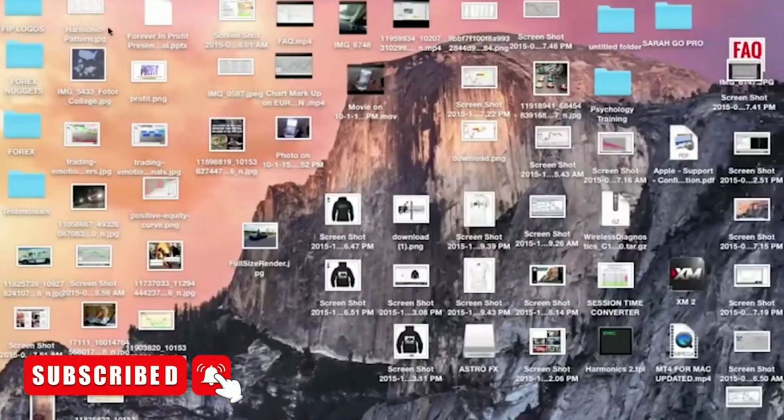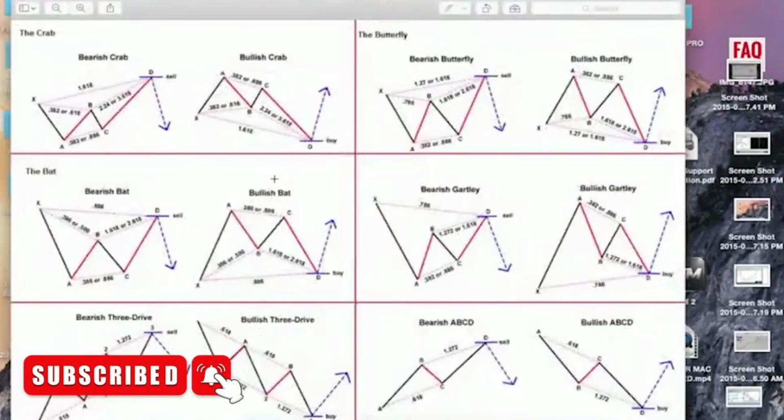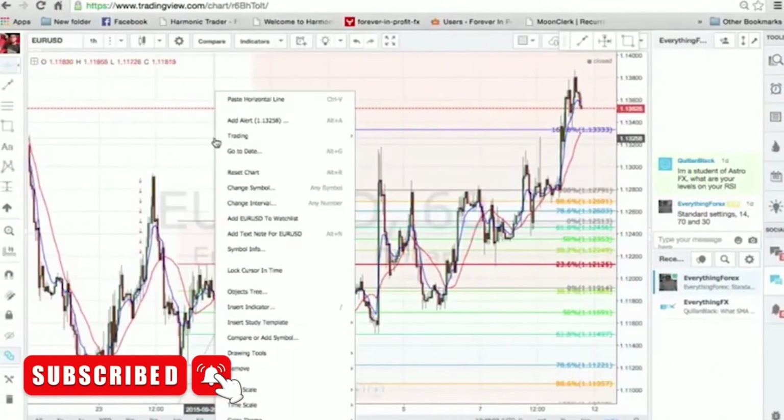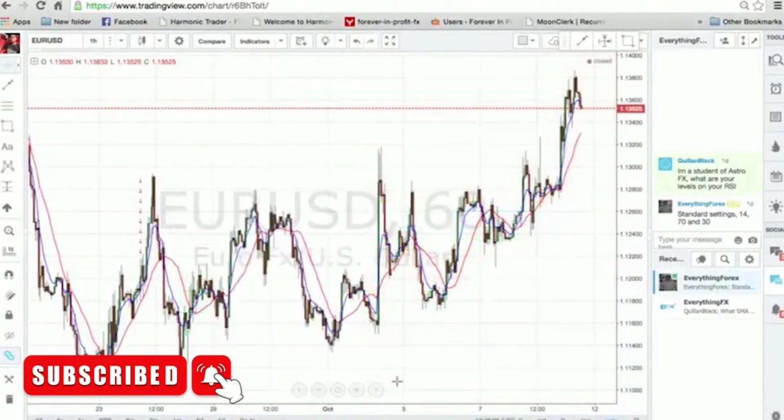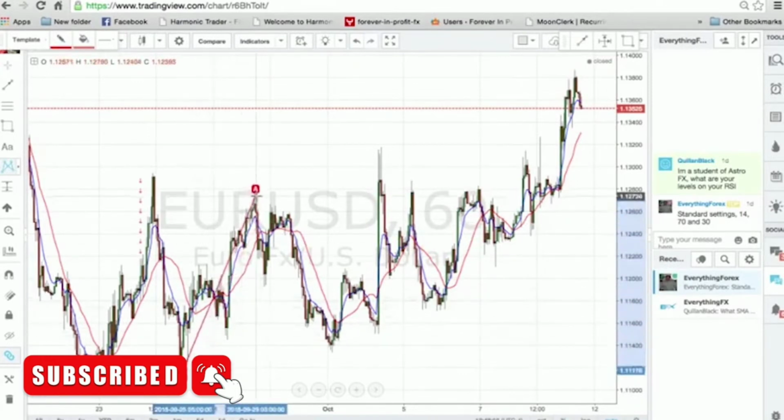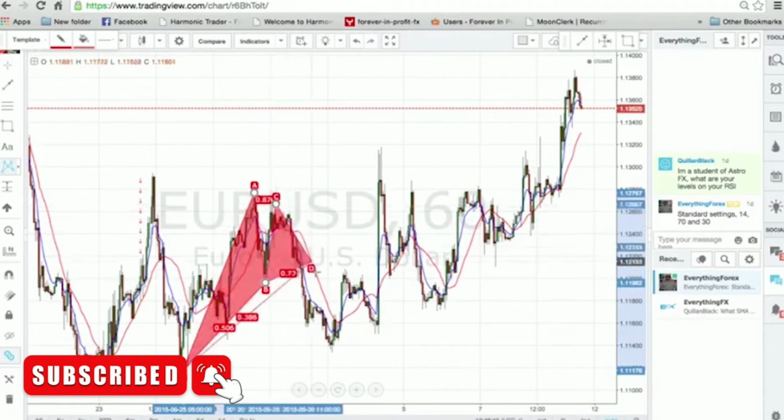Because with bullish bat patterns, it has to retrace at 50% on the first X and A leg. I'm going to show you guys how to draw this. The X and A leg would basically be right here, X to A. B to C is the 78.6 mark that I told you about earlier, 78.6 and down to 88.6.